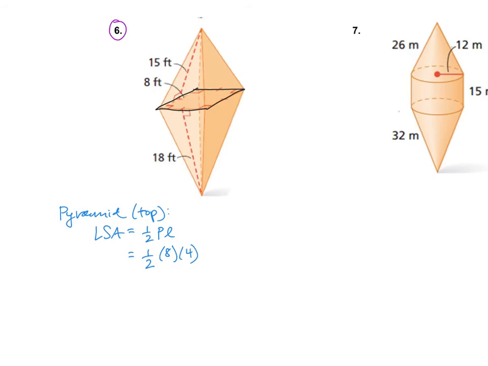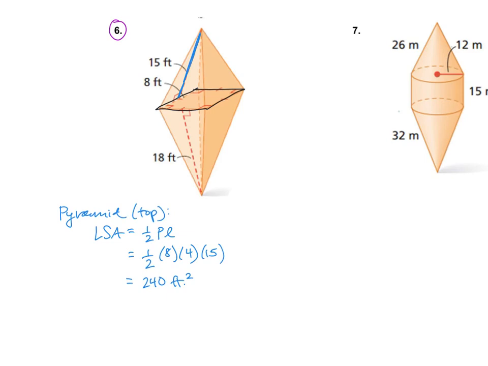And then we're going to multiply it times that slant height, which is represented by L. And we can see in this case over on this side that our slant height is going to be 15. So we can go ahead, plug all those in our calculator since we're multiplying all of them, and we get 240 feet squared. That's our lateral surface area for our top pyramid.